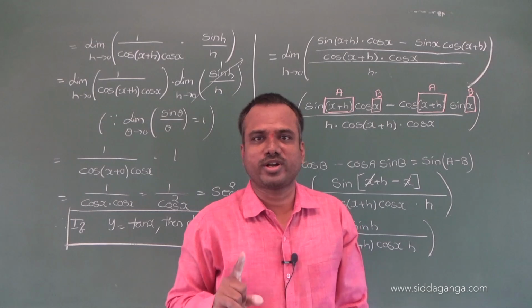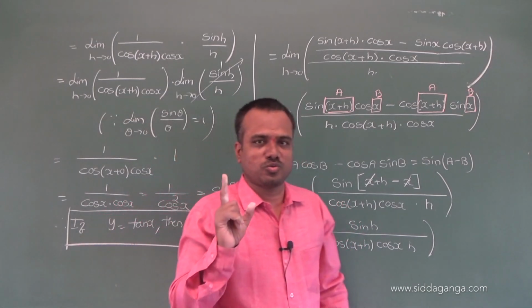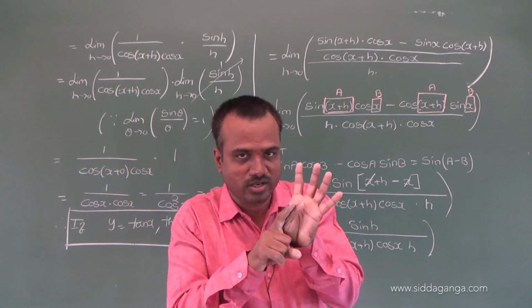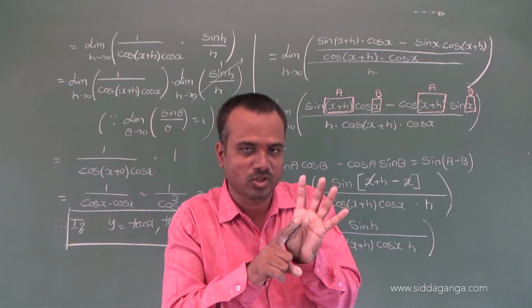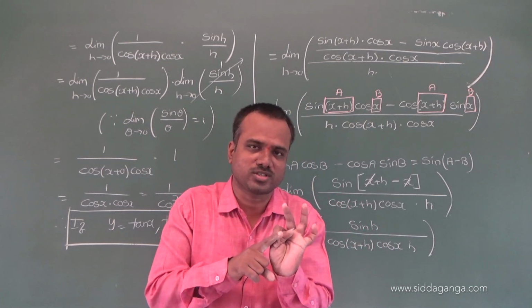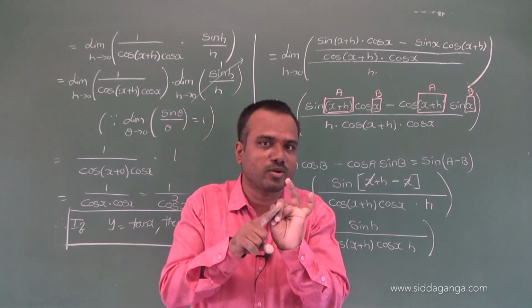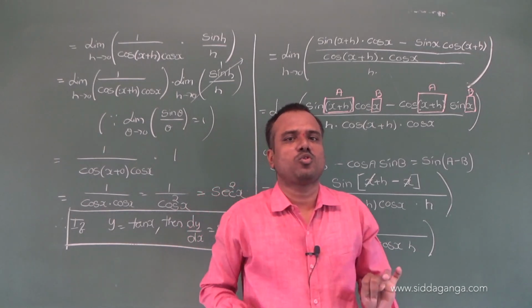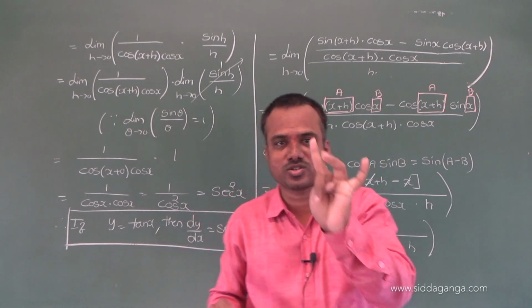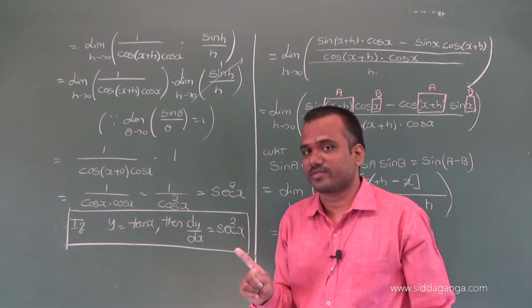This is very important. Third proof. First one, derivative of sin x is cos x. Second one, derivative of cos x is minus sin x. Third one, derivative of tan x is secant square x. Very important.